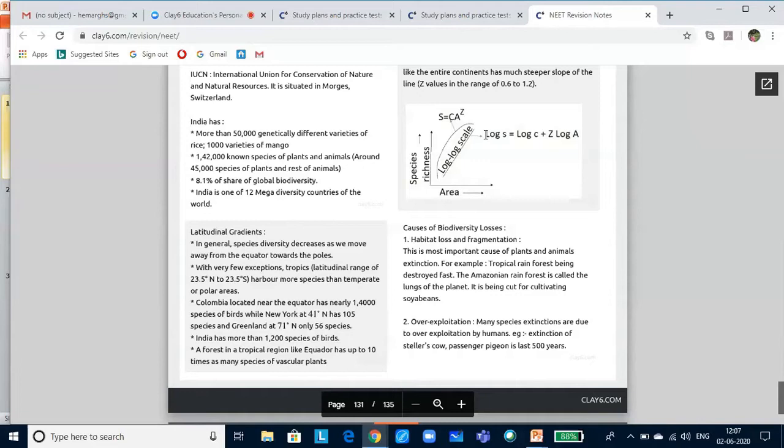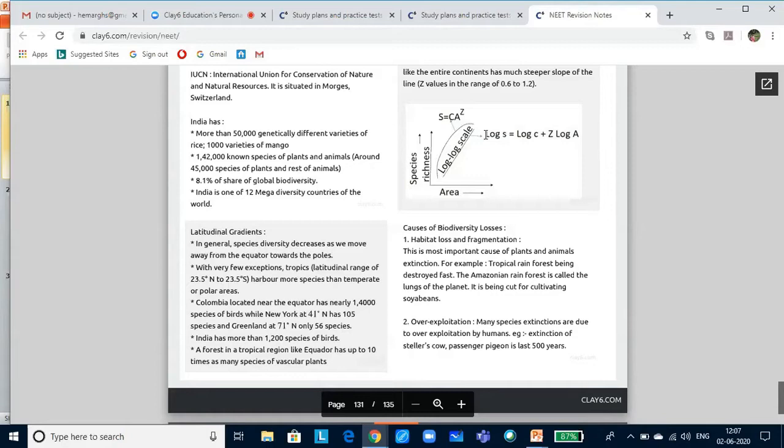Colombia, which is located near the equator, has nearly 1,400 species of birds, whereas New York at 41 degrees north has 105 species, and Greenland at 71 degrees north has only 56 species. This example clearly illustrates that as we move away from the equator towards the poles, the species diversity starts decreasing.